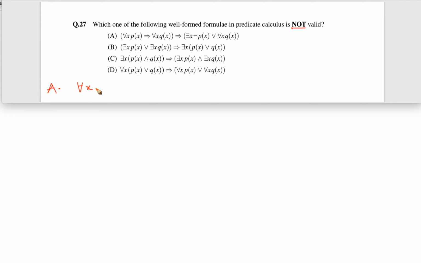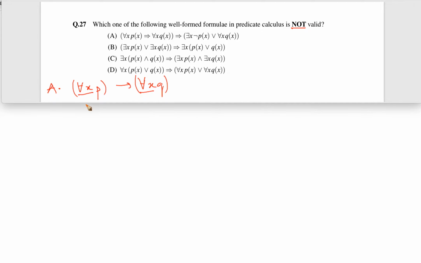Okay, so the first one, A, is basically what? For all x p implies for all x q. Is it the case? So for all x p is there, then for all x q is there.